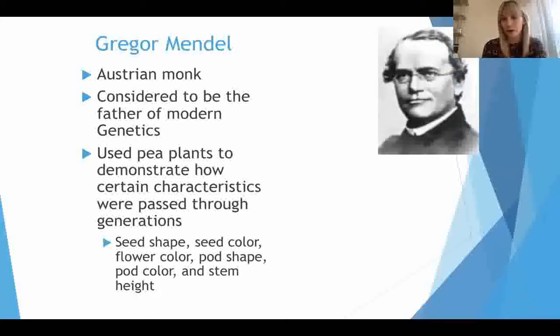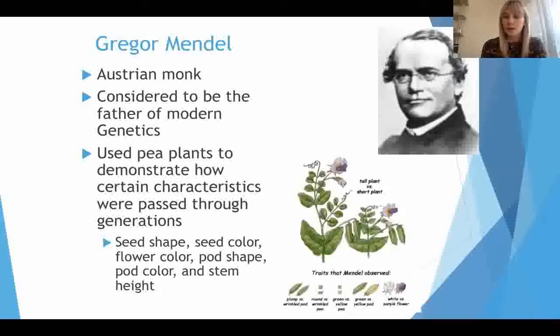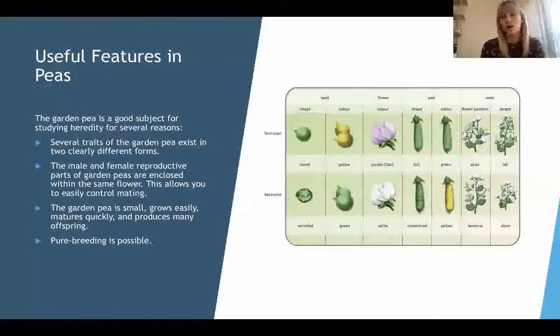There's a picture of Gregor Mendel and all the different traits that Mendel observed in these flowers. He did thousands of tests in order to get to very useful conclusions. So useful features in peas. The question here is, why did Gregor Mendel choose pea plants for his experiments?